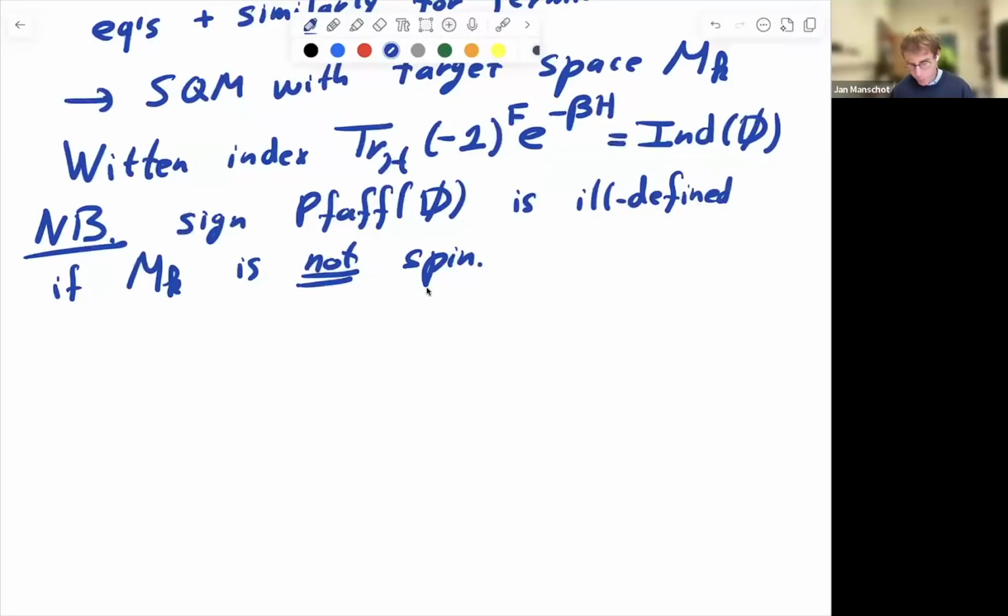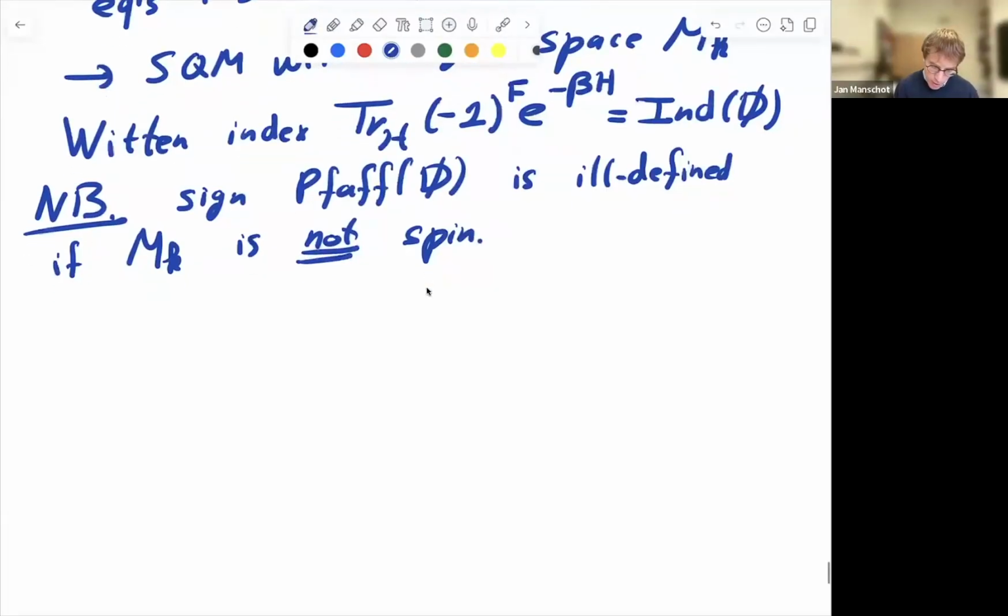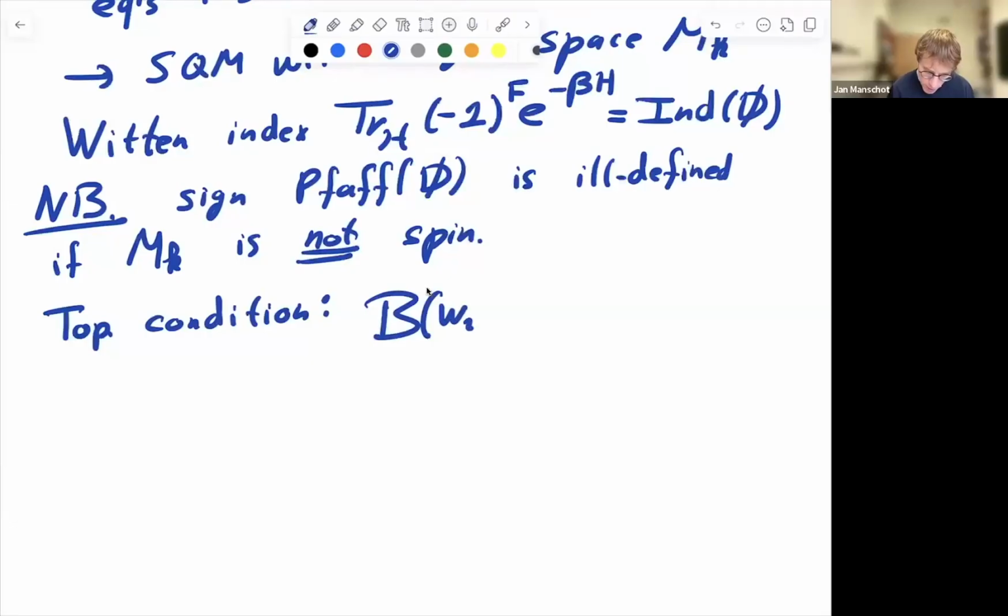And basically from the other perspective of compactifying first on X, I'll comment a bit more there. We came to the idea that there is a topological condition which determines if the moduli space M_K is spin or not. This topological condition is the intersection pairing of the second Stiefel-Whitney class of the gauge bundle with the second Stiefel-Whitney class of X. This has to be 0 modulo 2.